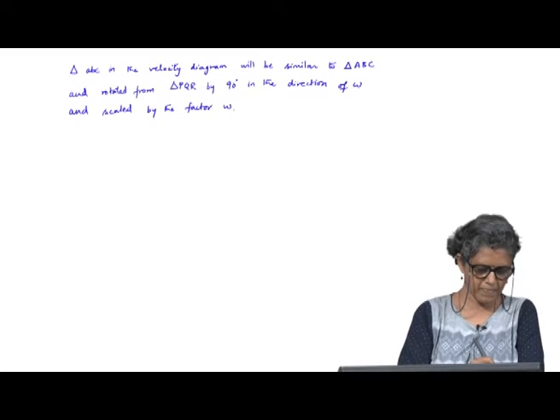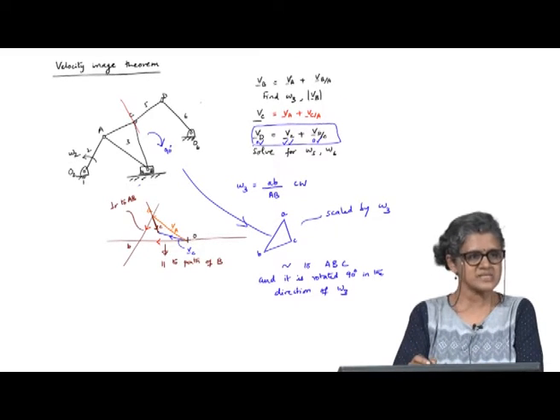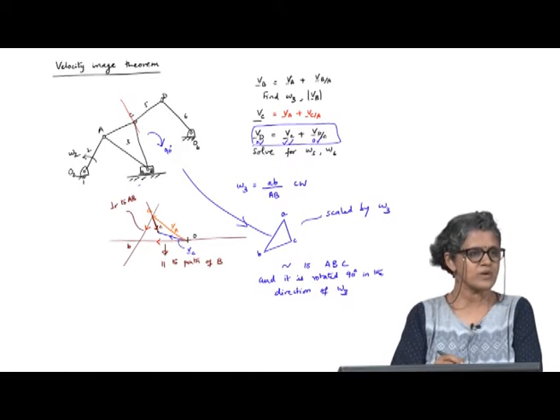See, with the velocity difference method, I have to go through the whole, I can't jump to finding omega 6 just by knowing omega 2.